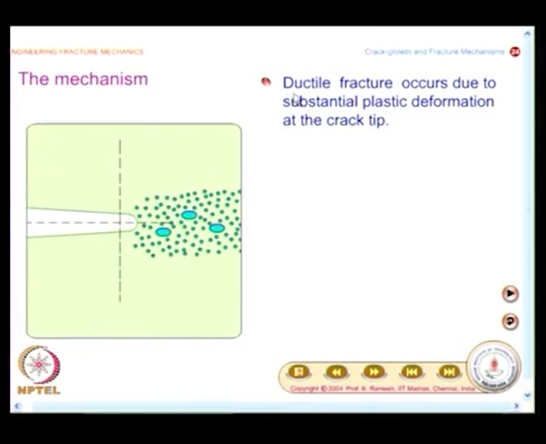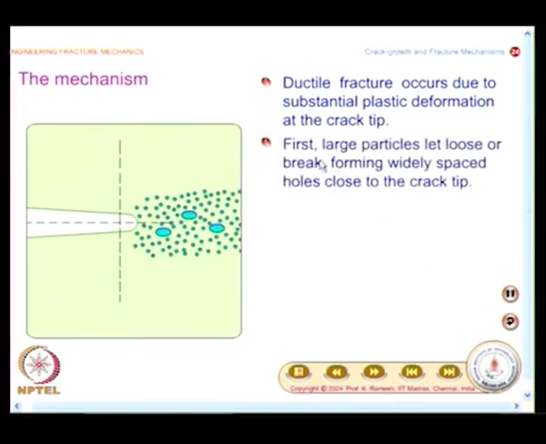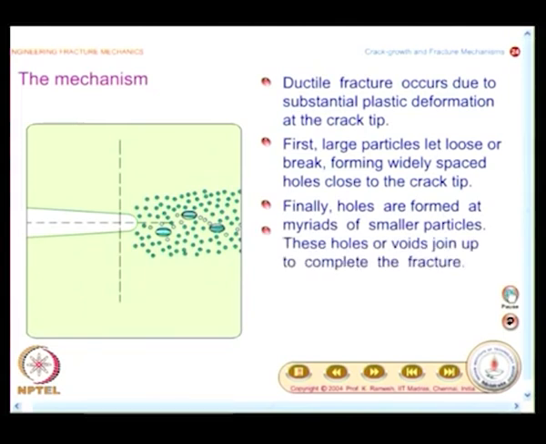We have seen already that ductile fracture occurs due to substantial plastic deformation at the crack tip, and what you have is, first the large particles let loose or break, forming widely spaced holes close to the crack tip.